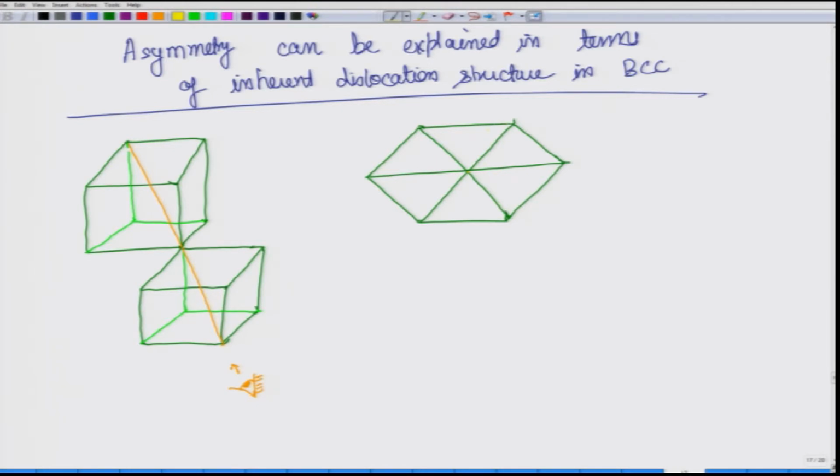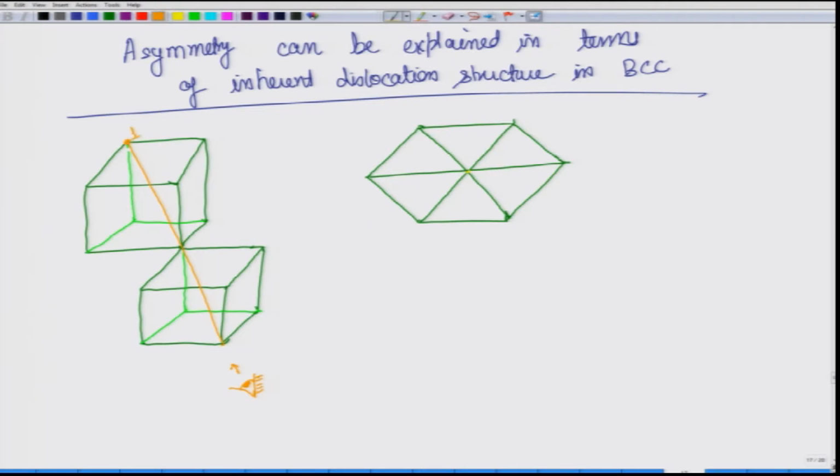So, if you can imagine, you would be able to see that this is representing one cell when we are looking down along the 111 direction.